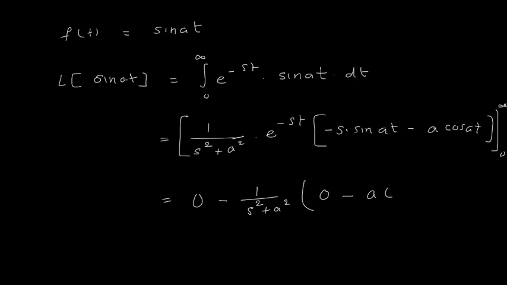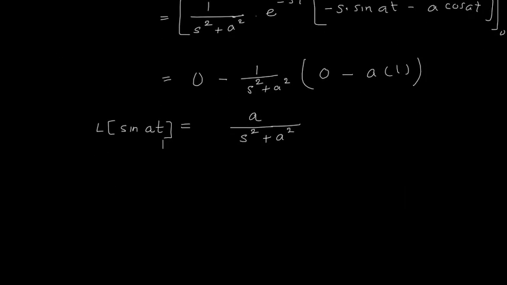So this minus minus will be plus, so the final answer is a divided by s square plus a square. So this is the value of Laplace of sin at. Again you can remember this.